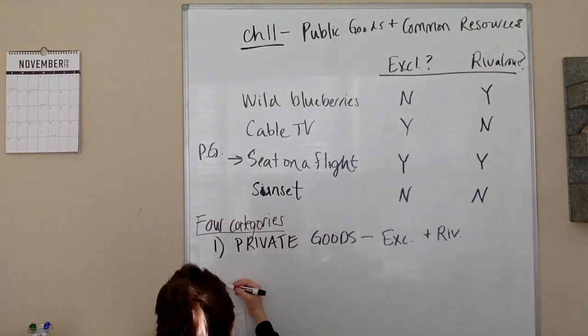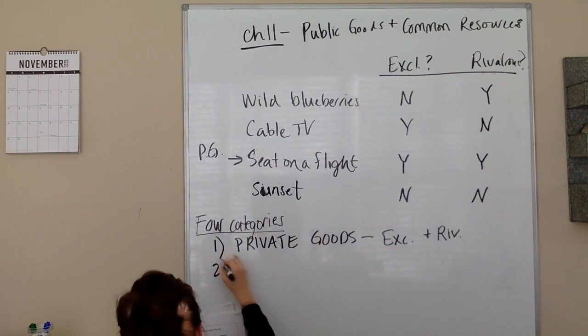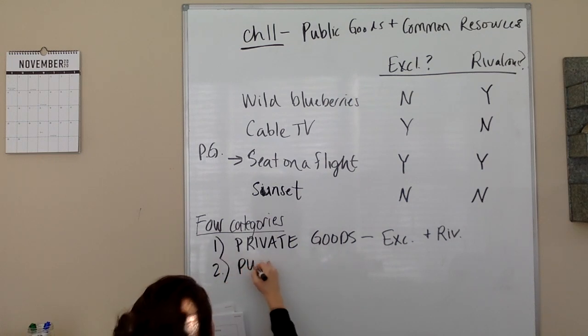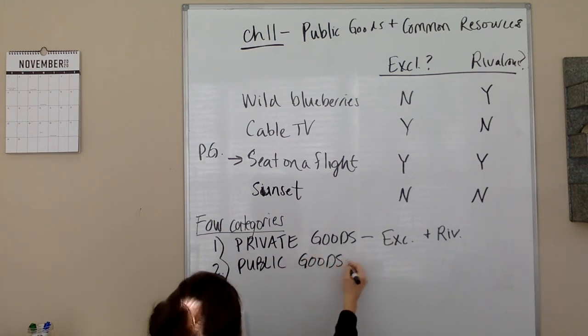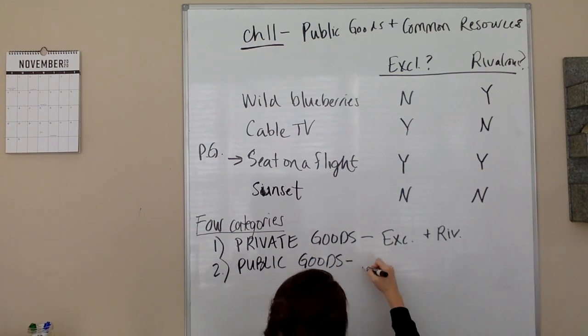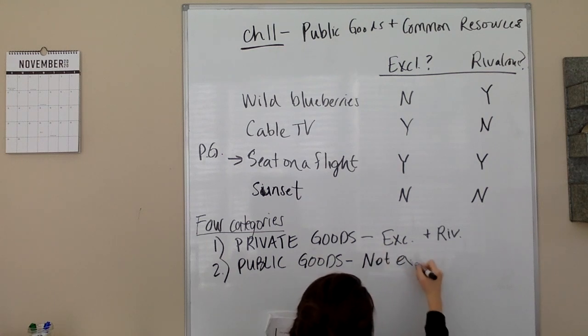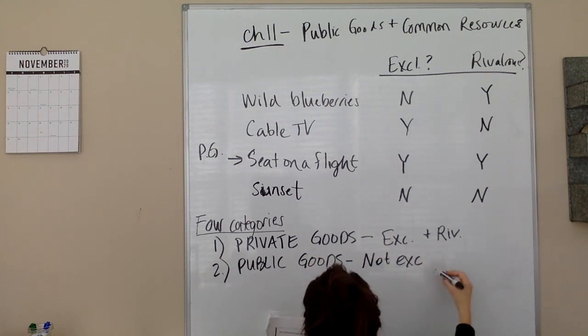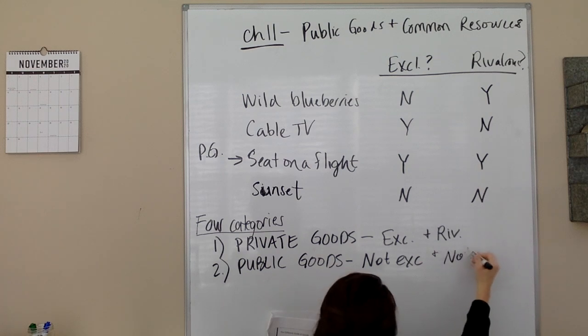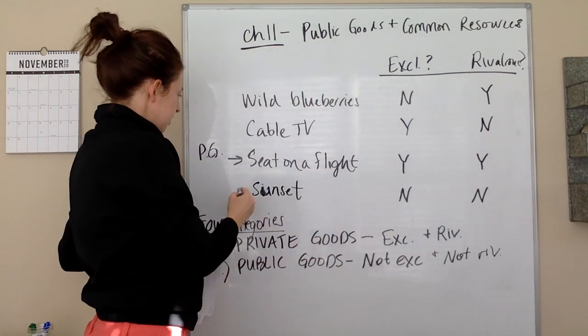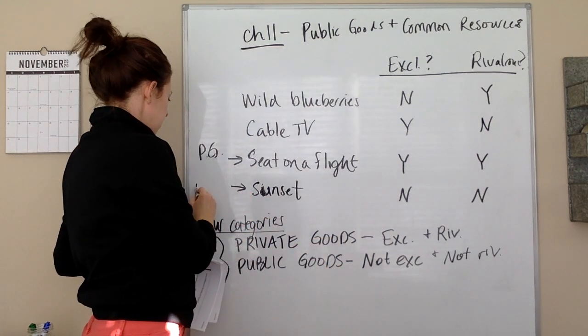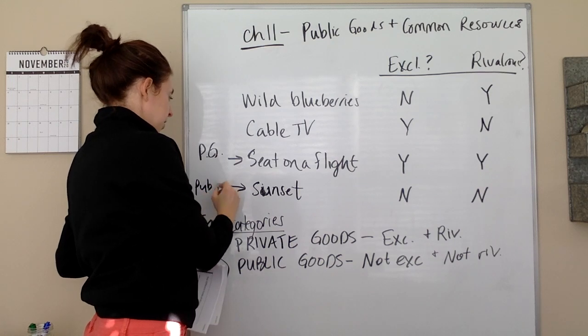The second category of good is public goods. Okay, public goods are the goods that are not excludable, and they're also not rivalrous. So, on our list of examples, a sunset would be an example of a public good.